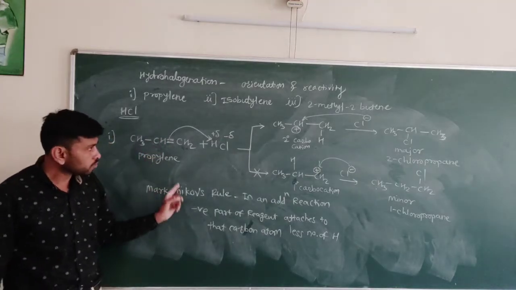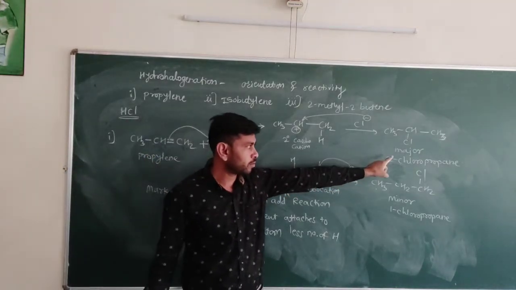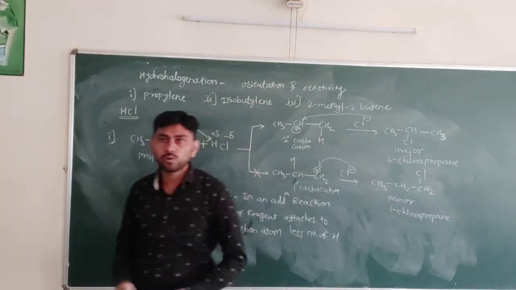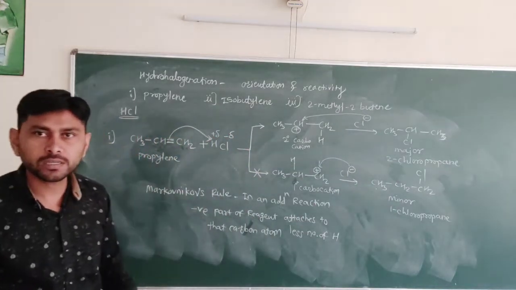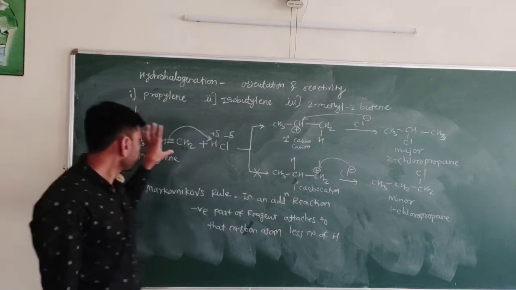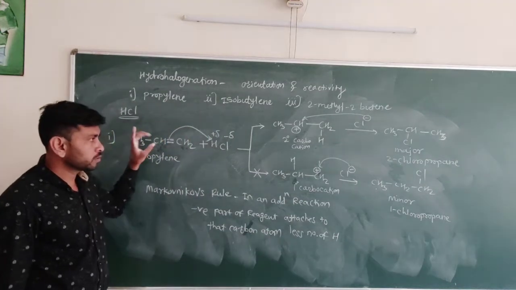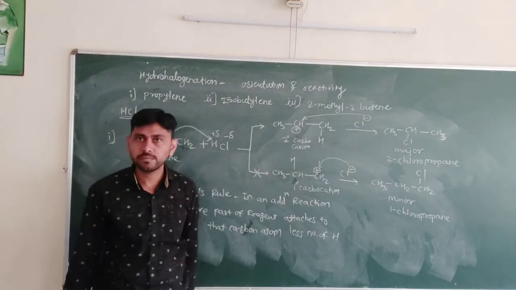So by this rule we obtain 2-chloropropane as the major product. Major product is 2-chloropropane.